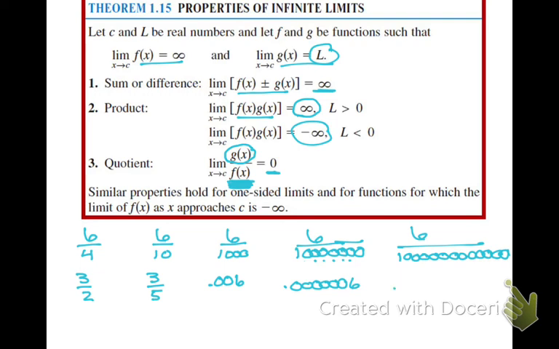And then I get all of those zeros, which is essentially what, guys? 0. We're not saying it is 0. We're saying it approaches 0, correct?